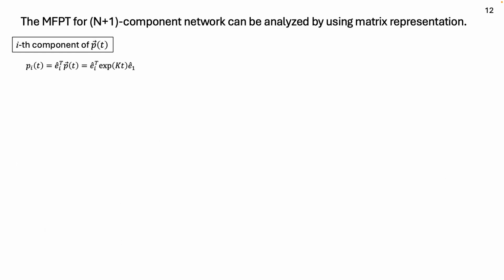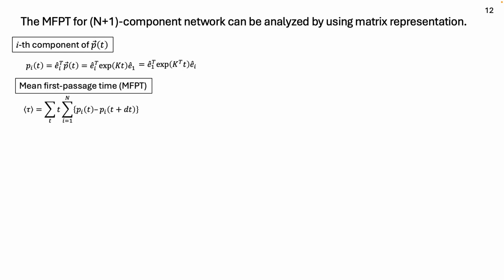And the P vector is the exponential of Kt times E1. And it's similar. We take the transpose matrix and the order is opposite. It's the same meaning. And the mean first passage time is here. It's the same formulation, but the summation is from i equal 1 to n.